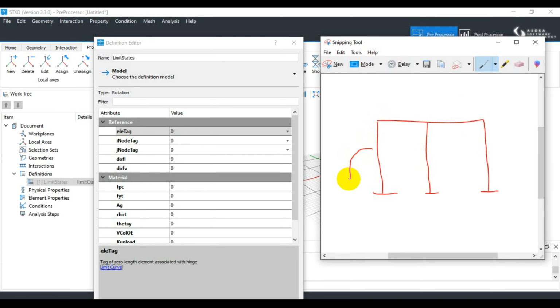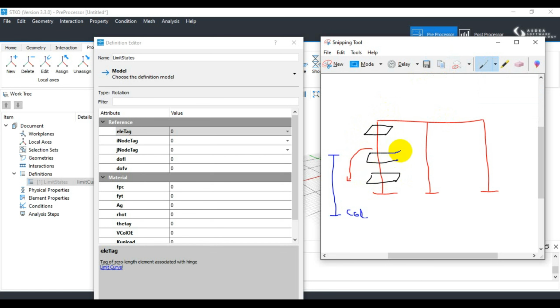If we consider this column, we need some definitions for these parameters before defining the fiber section for this column, because understanding these parameters is really important.